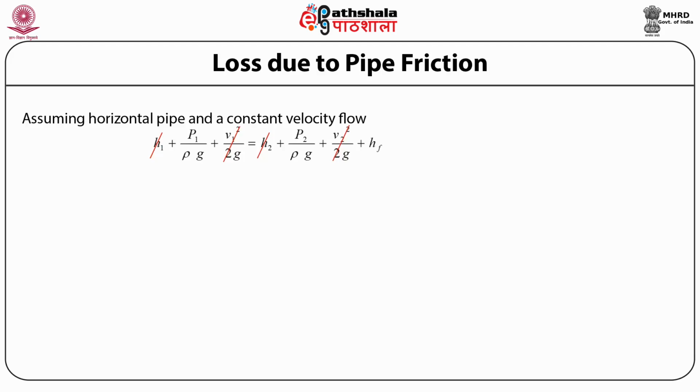So here HF is the loss of head due to pipe friction. Assuming there is no elevation head and no velocity head, we say that the loss of head due to friction HF is equal to (P1 minus P2) by rho g.